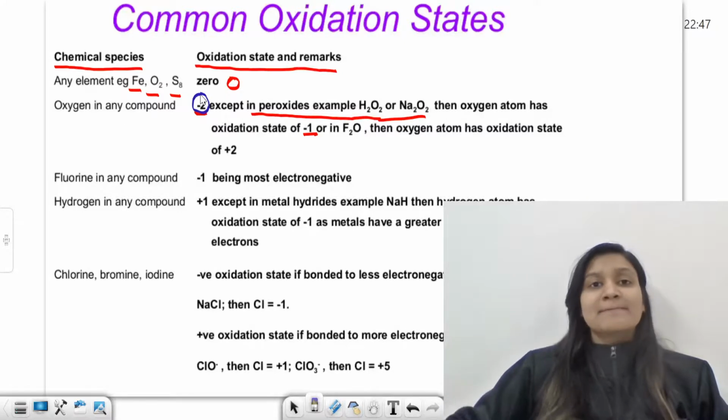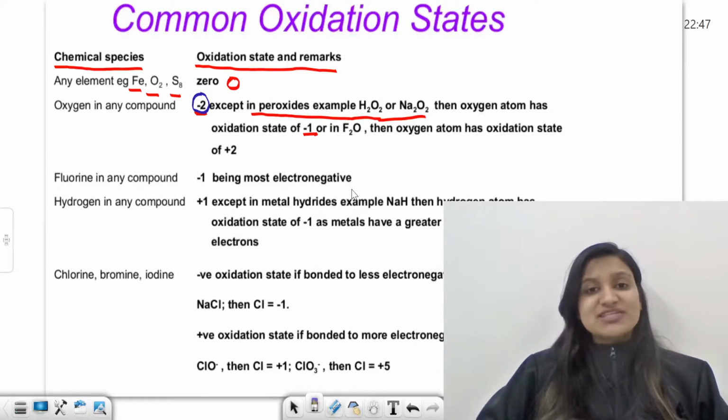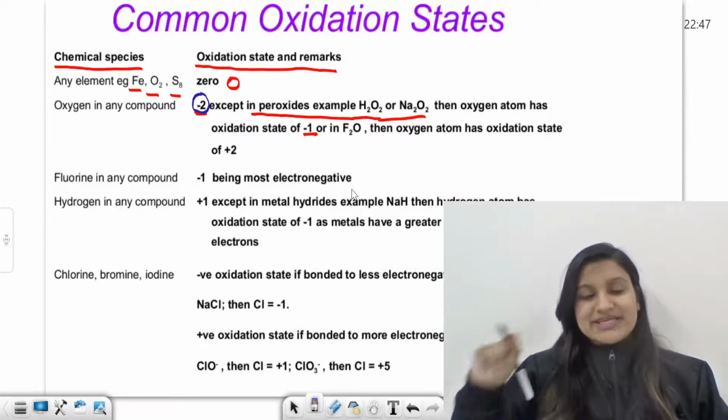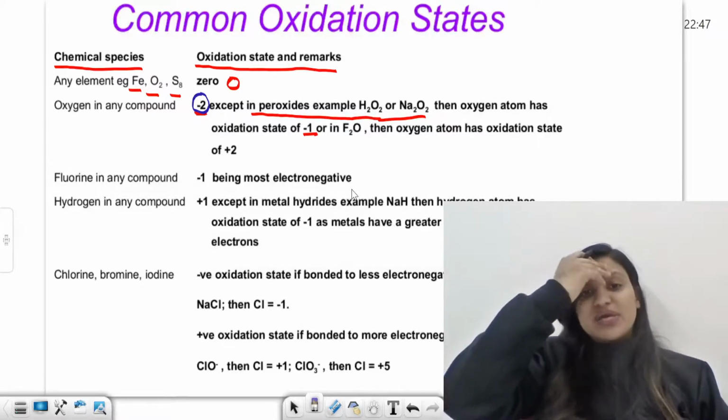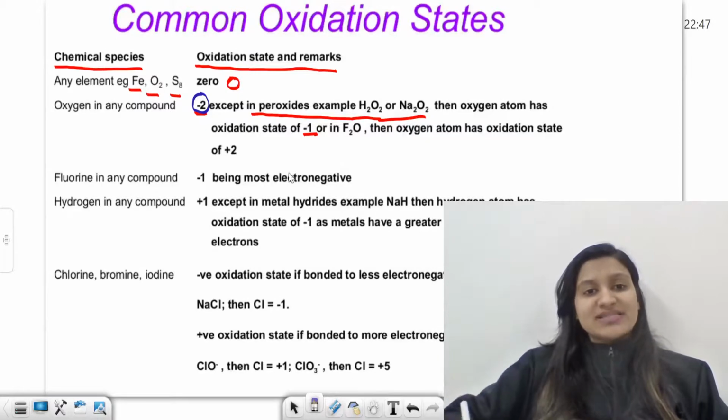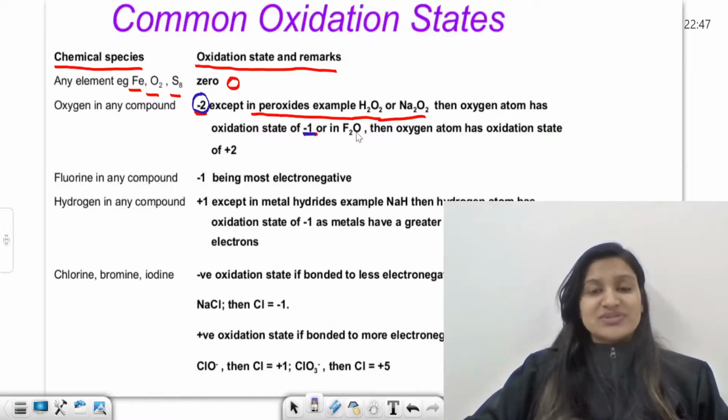It is -2. But in case of peroxides only, the oxidation state is -1. Or in F2O, these are the things which we need to remember.